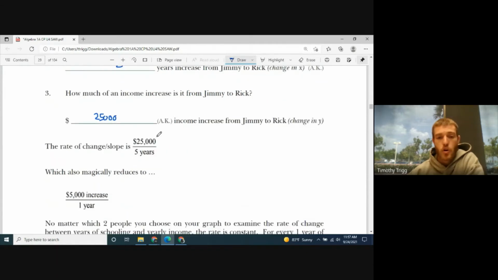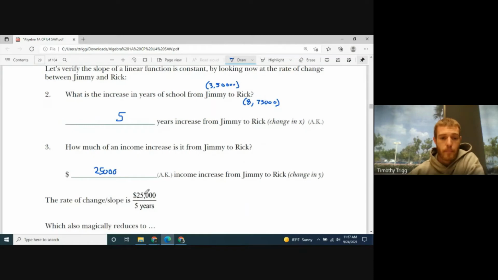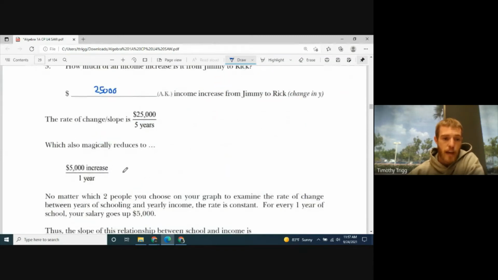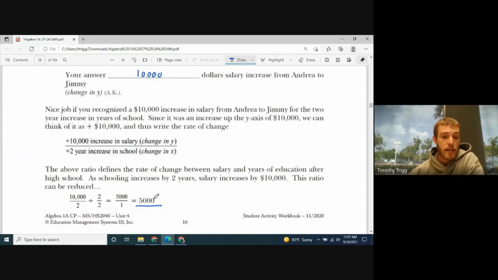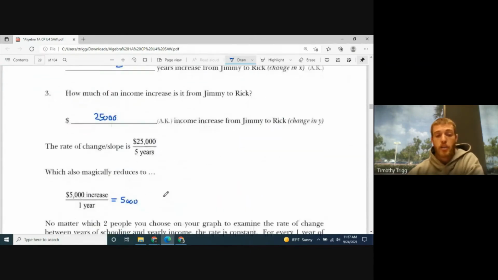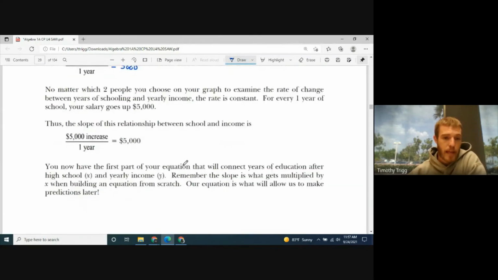So when we find the slope, it's the change in y over the change in x. That'll give us a $5,000 slope. 5,000 is the slope, which is the same slope we found up here, isn't it? Okay, that's how we know it's correct. It should be the same slope throughout the entire line. So no matter which 2 points you pick, you should get the same slope no matter what. That's how you know it's a straight line.